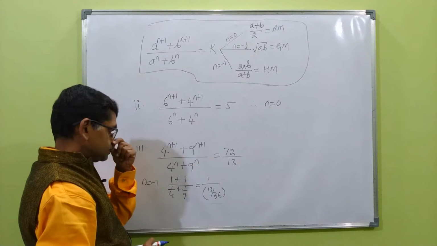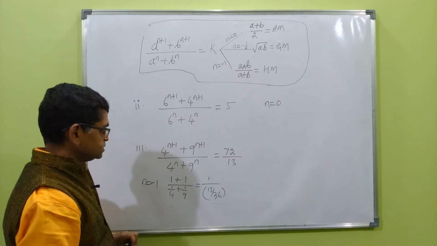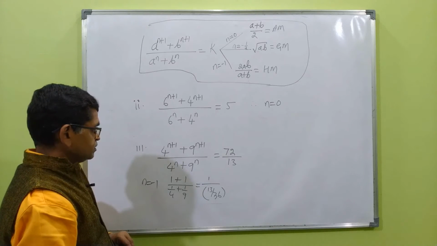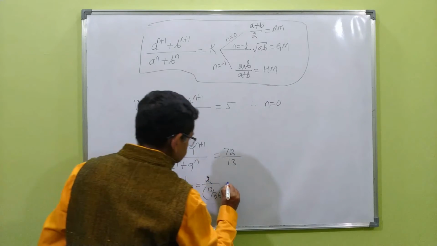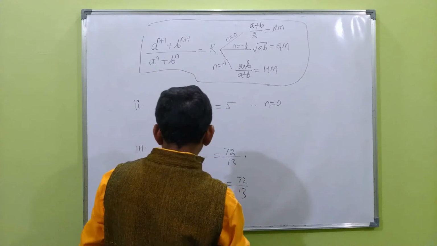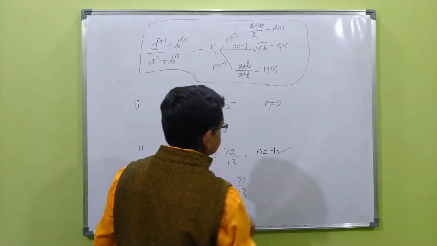But it is 72 here. So answer may be 36 only. This 2 is there now. Sorry, this is 2. So 72 by 13. So n is equal to minus 1 is correct.